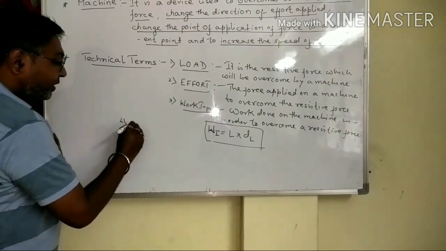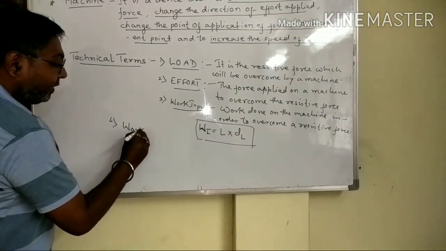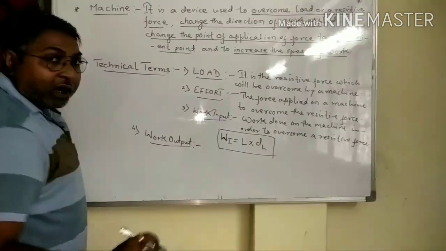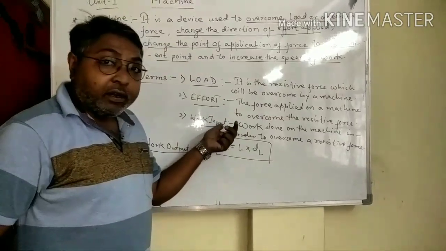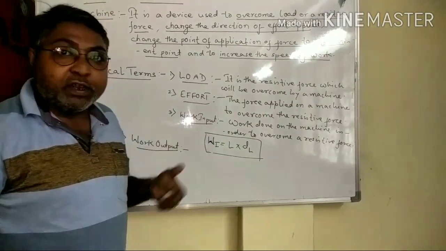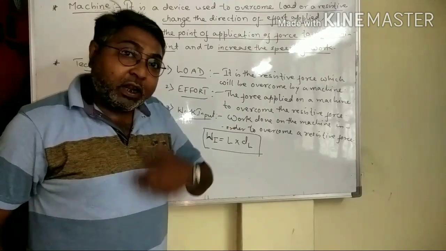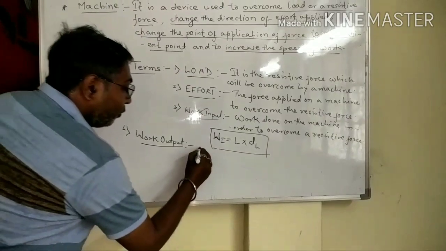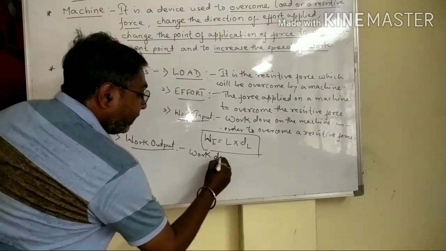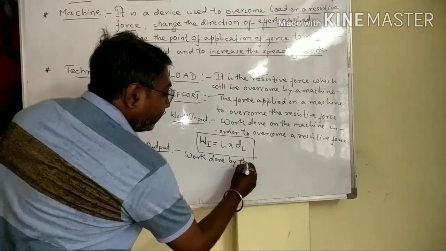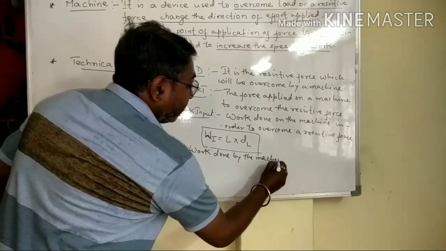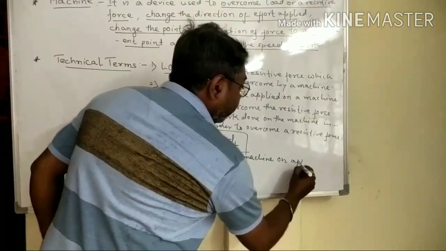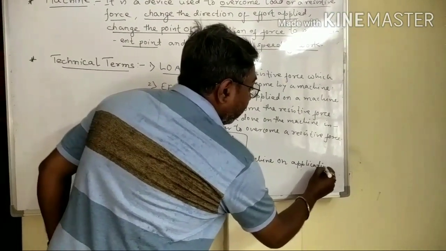The next definition is work output. Work output is nothing but, since you have done a work on the machine, that is work input, obviously the machine is going to do a work for you. Whatever work the machine will do for you, that is the work output. So work done by the machine on application of an effort.